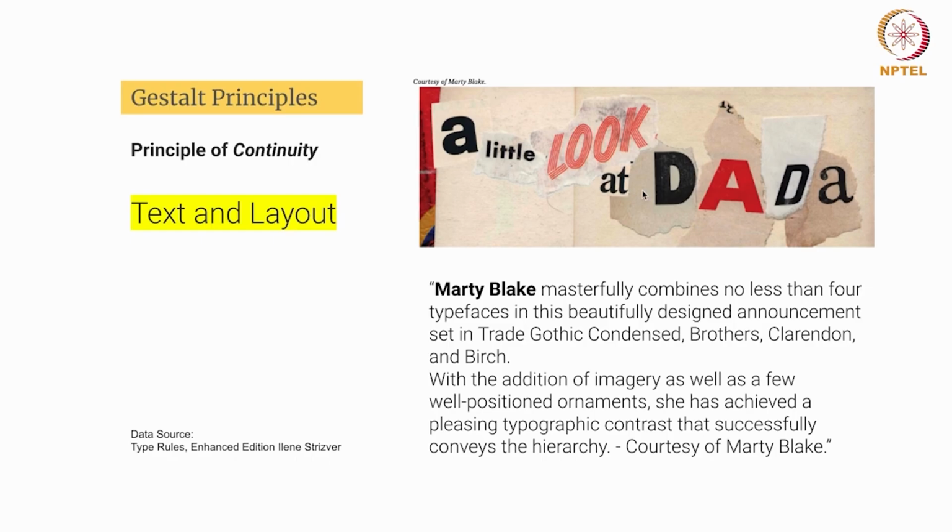Since there are variations in projection, if you see, this is going up, this is going a little bit low, and since it's all cut out, patch out kind of compositions, this has a sense of continuity in terms of the flow, how it has started and where it has ended. Even though the typeface seems very different in every segment, your eyes tend to follow this pathway and are able to read the overall composition.